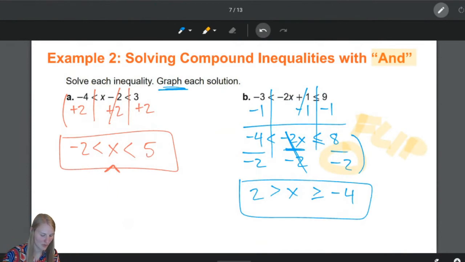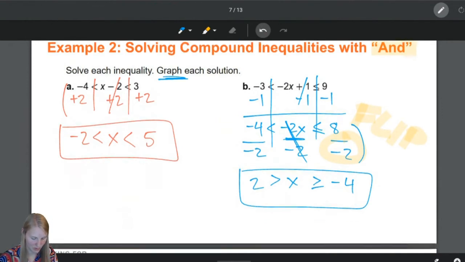So let's go back and graph these. We'll do this one first just because we just finished it. So we need 2, always 0, and then -4. The sign that goes with the -4 is greater than or equal to, so I'm going to have my closed, colored-in dot.